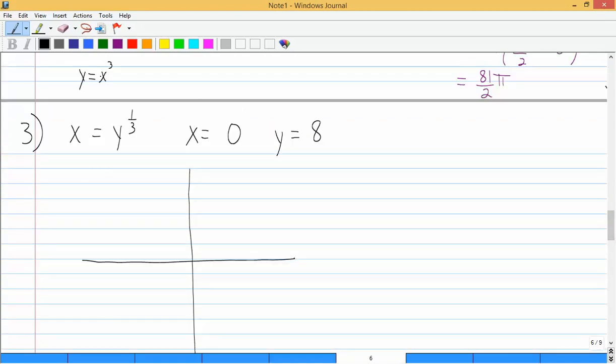You can see that as x increases, y increases really fast because it's being cubed. So, for example, when x equals 1, y may be equal to 1, but when x equals 2, y is equal to 8. So it's way up here already. So this graph goes up like this, and then it goes down like that.